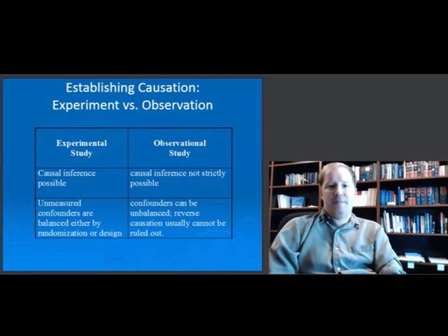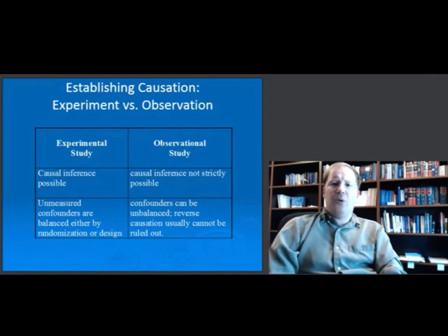So going back to our chart that we see, each of these classes, when we're talking about inferior data, when establishing causation, experimental studies create causal knowledge. Observational studies are typically more limited and very hard to use to create knowledge of causation.